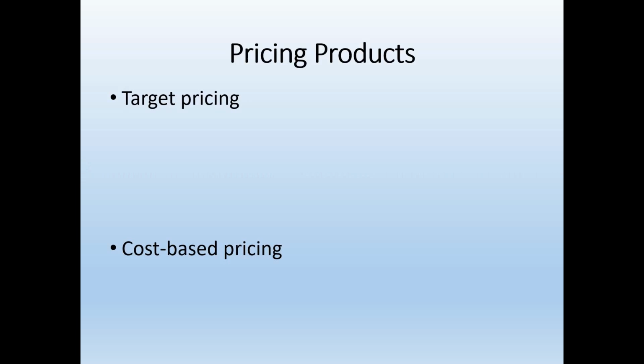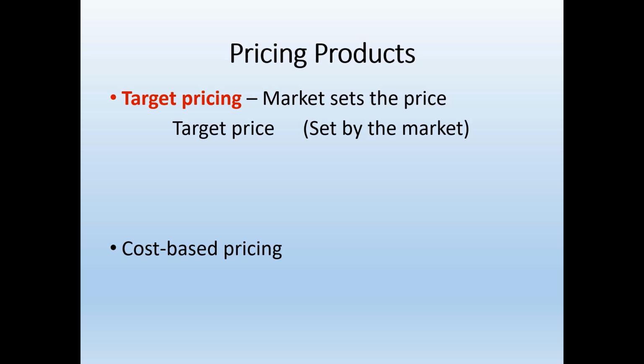There are two basic ways that firms can set their product prices: target pricing and cost-based pricing. Target pricing is used by firms that operate in very competitive markets, so it's actually the market that sets the selling price. The firm starts with the target price, over which it has no control, and subtracts out its desired profit.